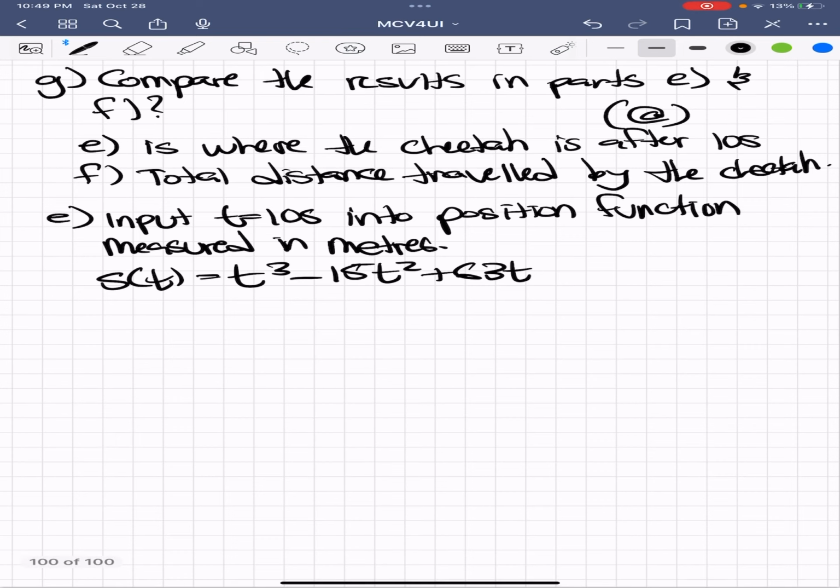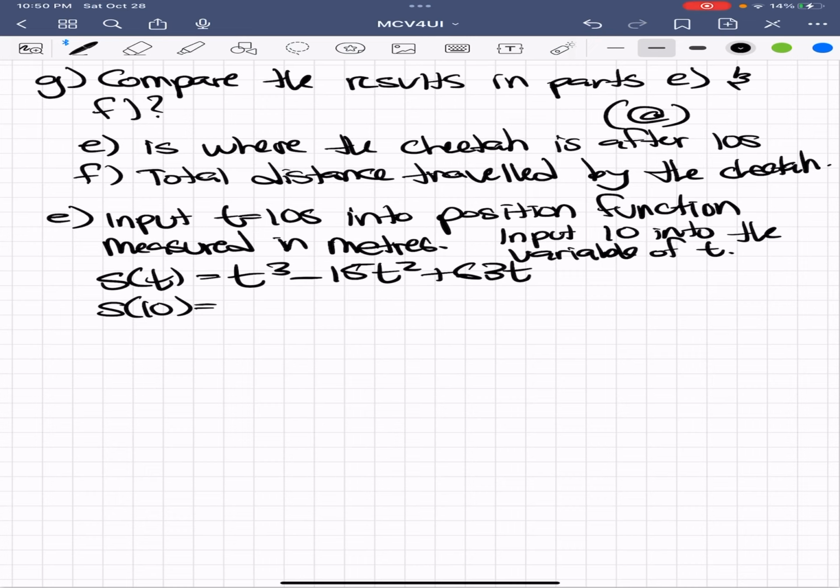Sorry. So S of 10, we're going to input 10 into the variable t. So S of 10 is 130 meters.